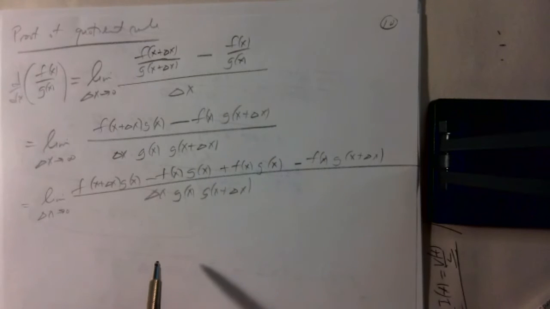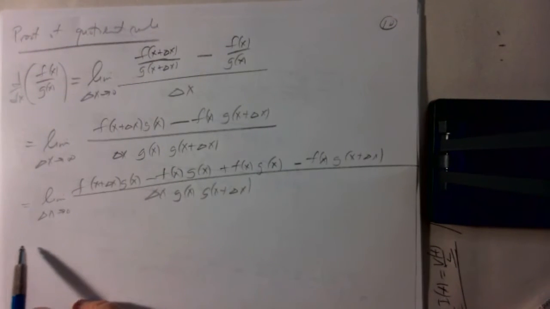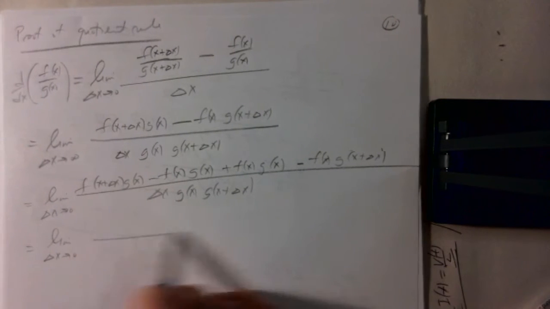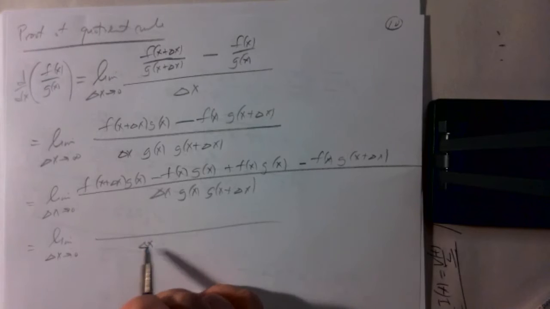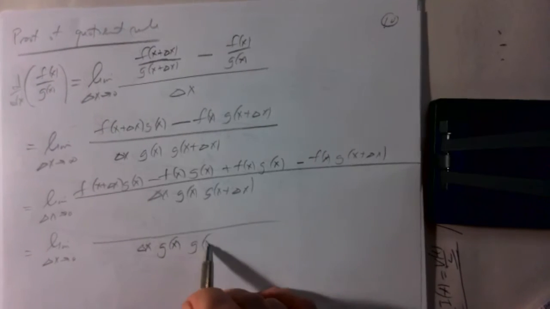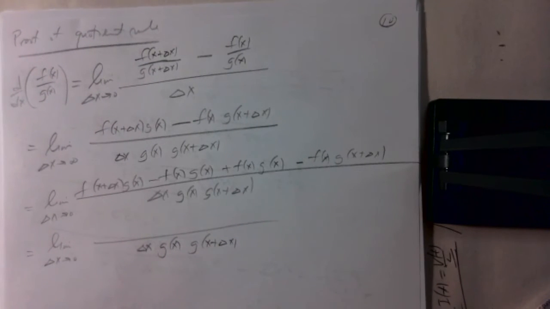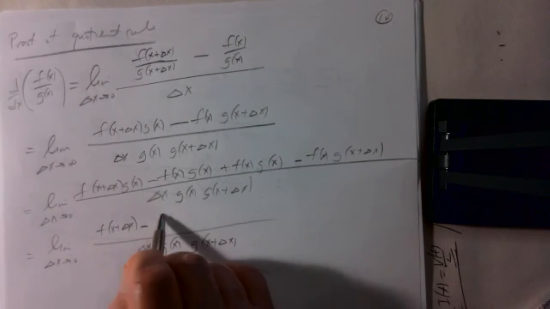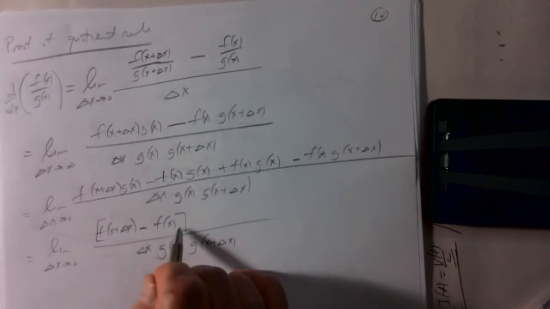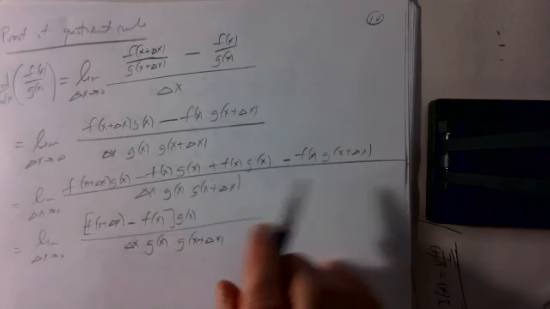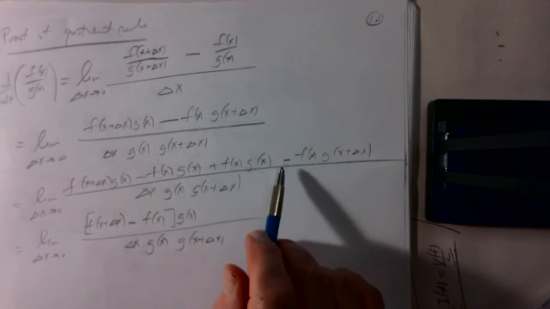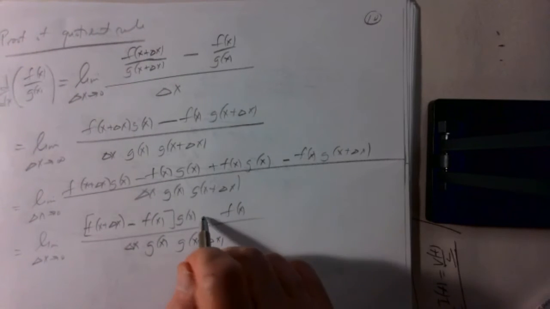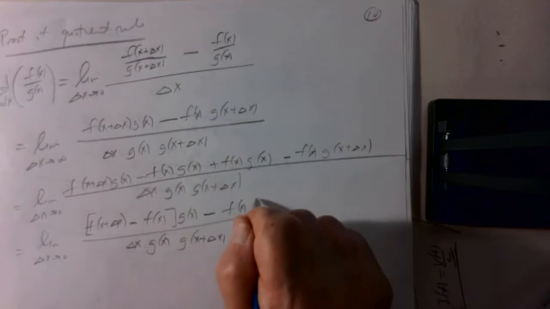So I just added and subtracted the same thing. And let me rearrange this numerator. I can factor a g of x out of this. And from these two terms, I can factor out an f of x. So this minus this, or if I put a minus sign here, it's this minus this.